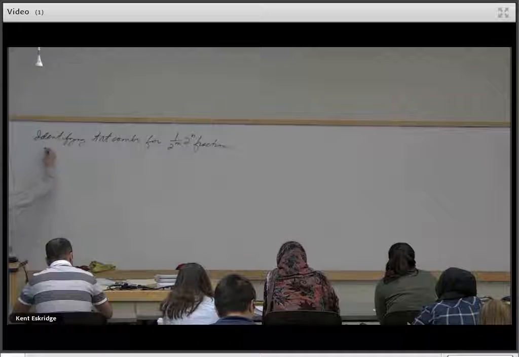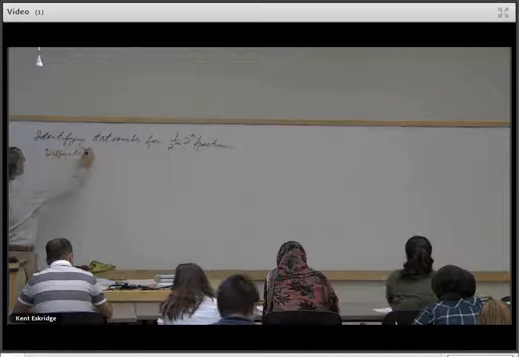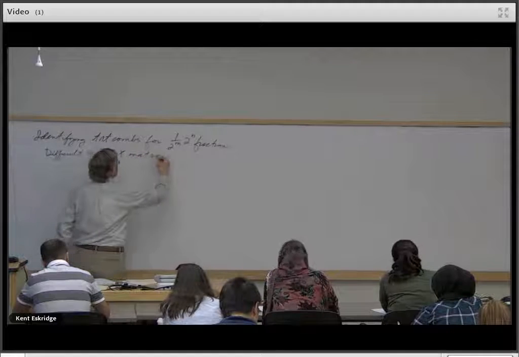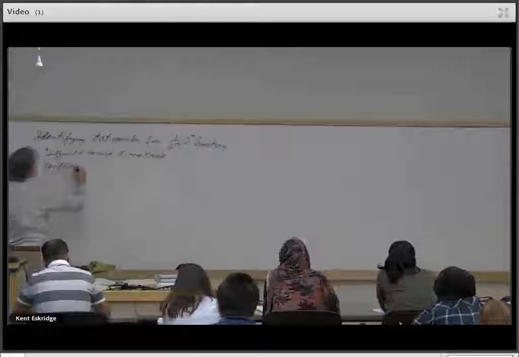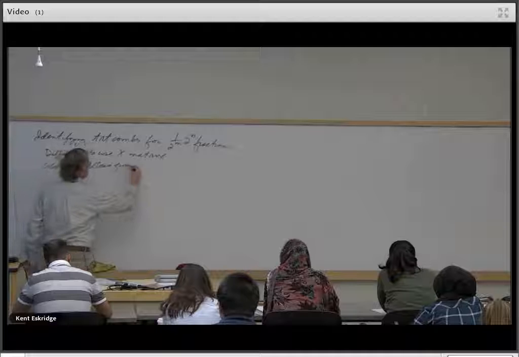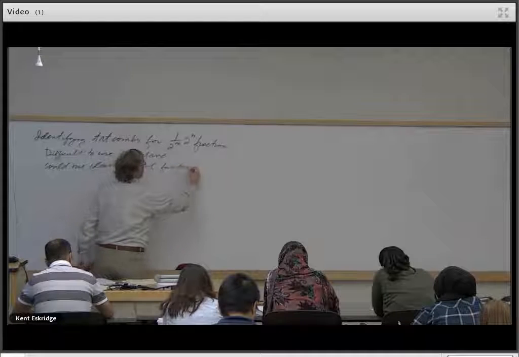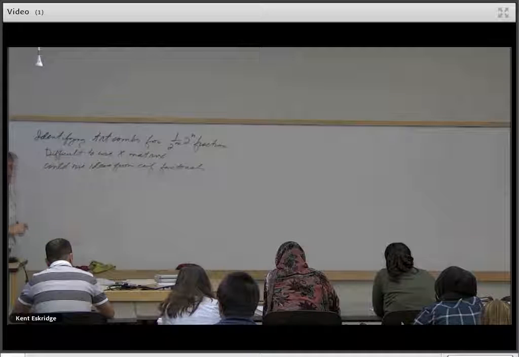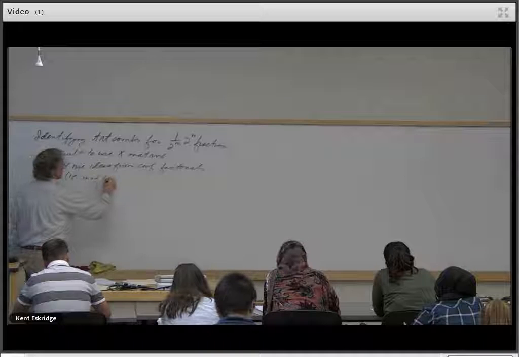It's difficult to use the X matrix. We could use ideas from confounded factorials. What do we do there? We use mod equations, right?